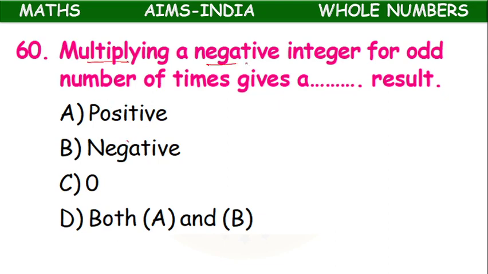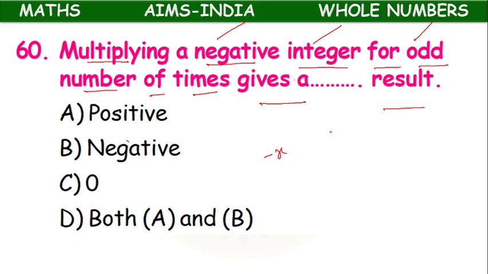Multiplying a negative integer for an odd number of times gives a dash result. We are multiplying a negative integer. Suppose let it be minus x.